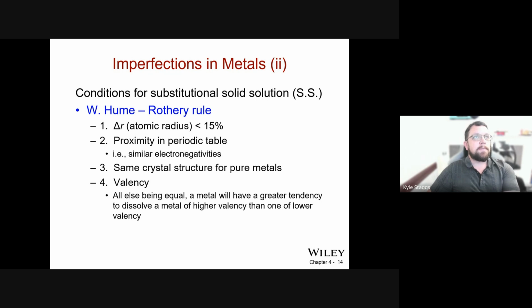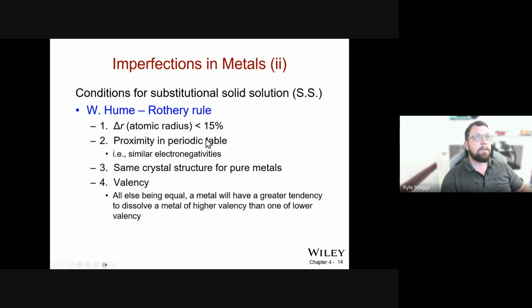So if the atomic radius difference, the delta R, for these components is less than 15%, that creates the circumstances that you need in order for this to exist. So the difference needs to be less than about 15%.